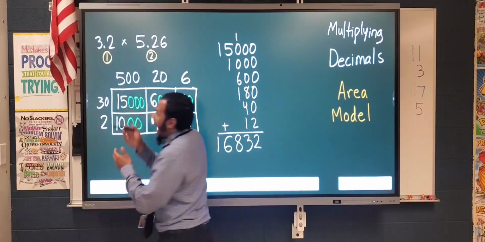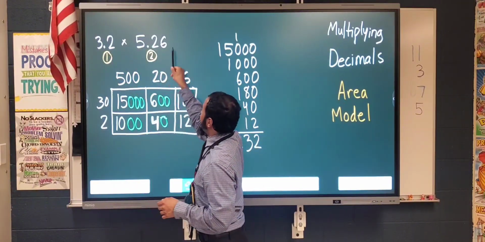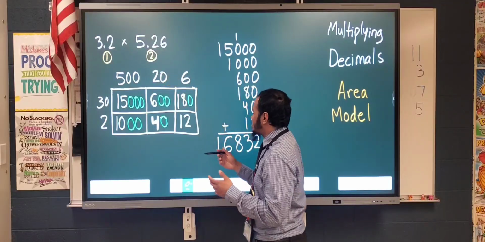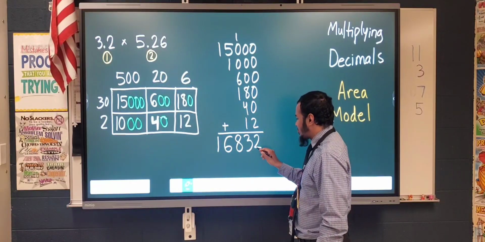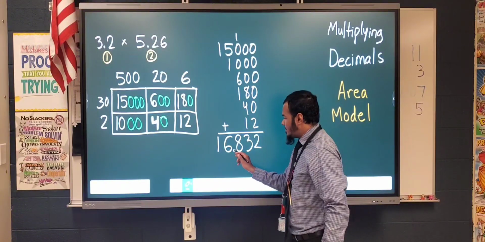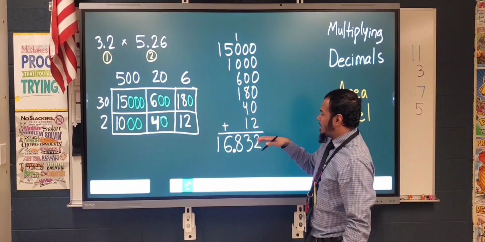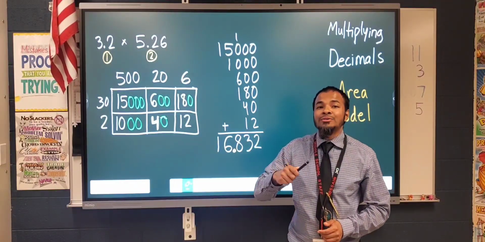How do I know this? I'm starting at the far right side: 1 time, 2 times. So 1 plus 2 is 3. Therefore, I need to bounce the decimal 3 times. My final answer is 16 and 832 thousandths.